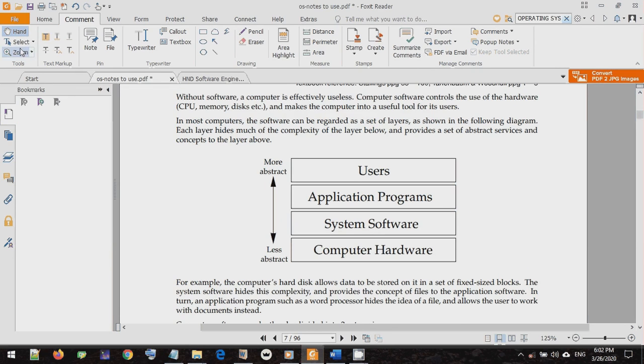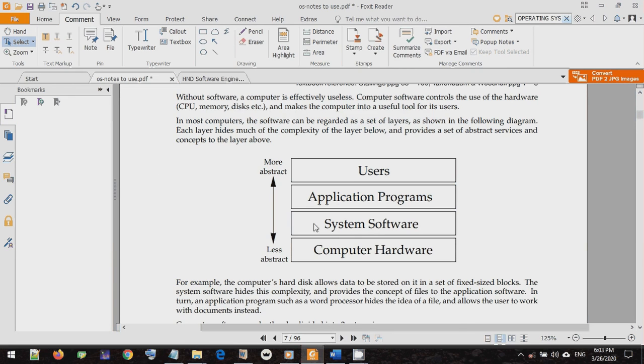For example, system software. System software are a series of software that handle specific functions on aspects of the hardware. We could have examples of system software like device drivers, operating systems, and utility programs. Now let's take an example of device drivers. An example of a device driver could be the sound driver.